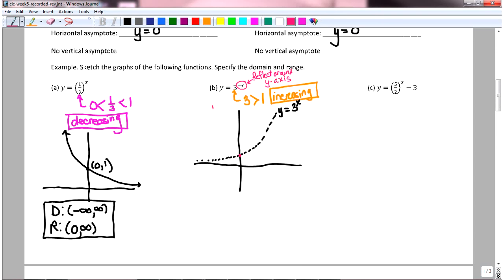We're just going to have a mirror image, so our graph will be coming down like this. So we still have that point (0, 1). Our domain remains the same from negative to positive infinity, and our graph continues to approach a y value of 0, not including it, so the range will be from 0 to infinity.